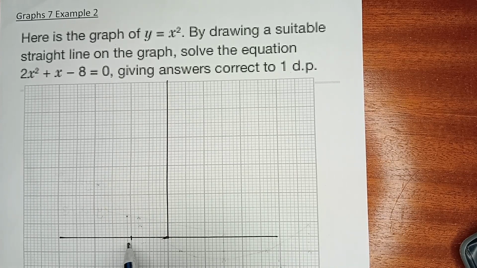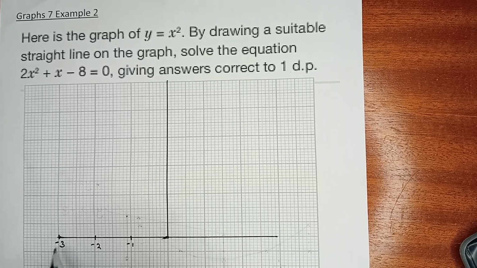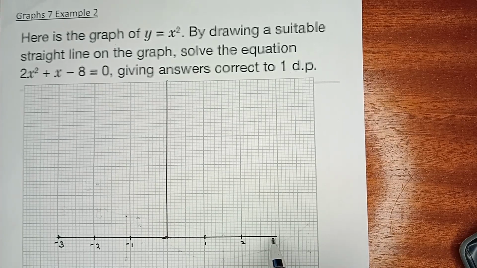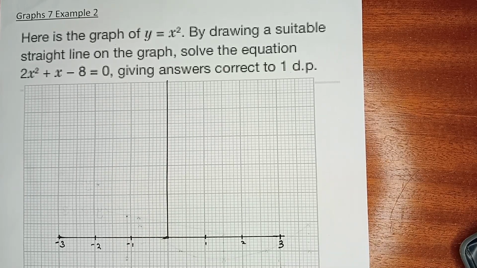So we have -1, -2, and -3, and then +1, +2, and then +3 for the x values.